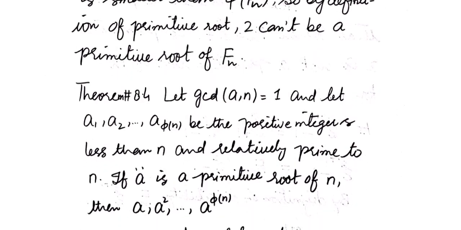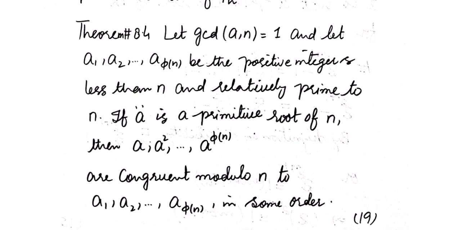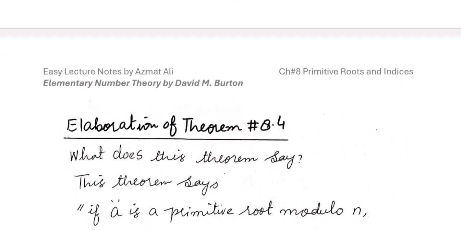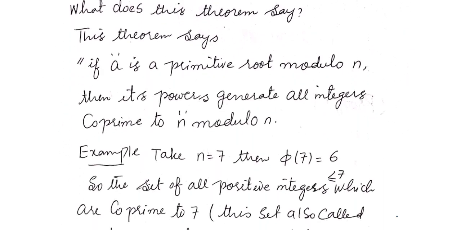In the last lecture, we discussed theorem 8.4, which in simple words says, if a is a primitive root of n, then its powers generate all integers coprime to n modulo n.